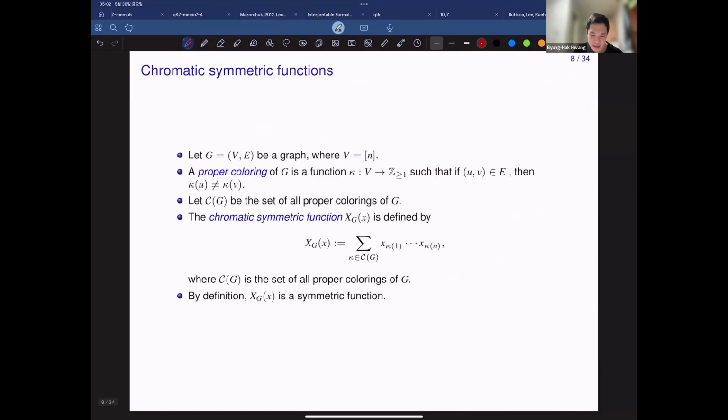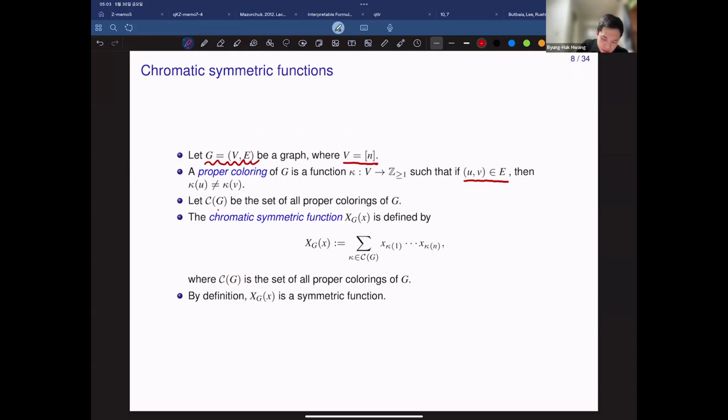Let's define the chromatic symmetric functions. We have a graph G with the vertex set V equal to [n]. A proper coloring of G is a function from V to the positive integers, such that if you have an edge between the vertices u and v, then the colorings on these two vertices should be different.